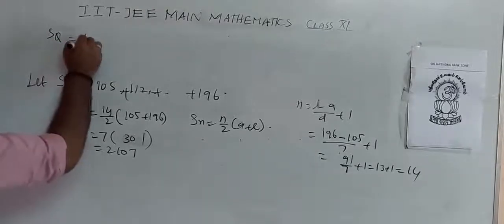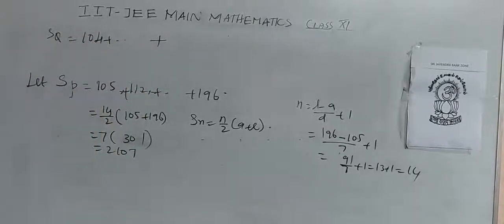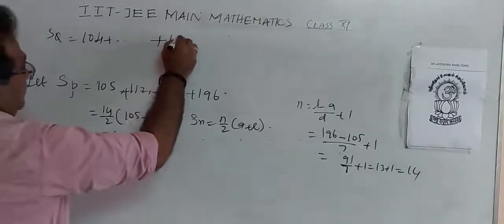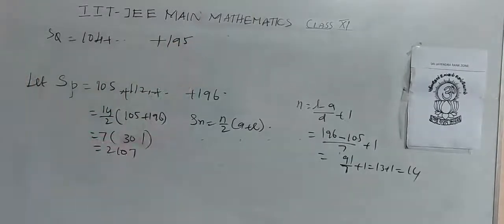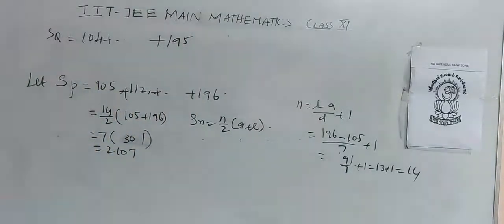SQ, starting with 104 divisible by 13, up to 195. Here SP is 2107.